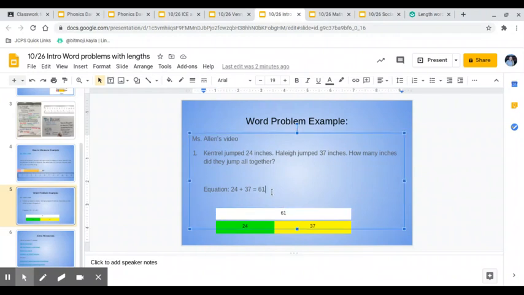So when we answer our question, we need to end it with the unit of measure that we're using. If it's centimeters, we'd write centimeters. If it's inches, we'd write inches, just so that they know we're talking about length and measuring. So this is how you solve your word problems using your links.